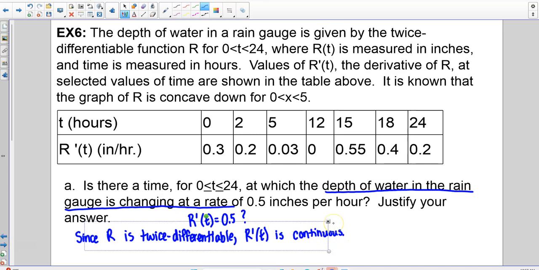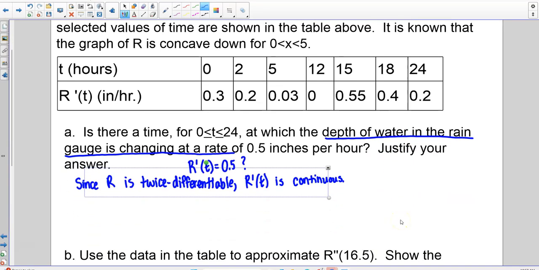You could throw in there, since r is twice differentiable, r prime is differentiable, which means r prime is also continuous. That would be correct. I don't think you have to say that. You can just make the jump from twice differentiable to r prime is continuous.